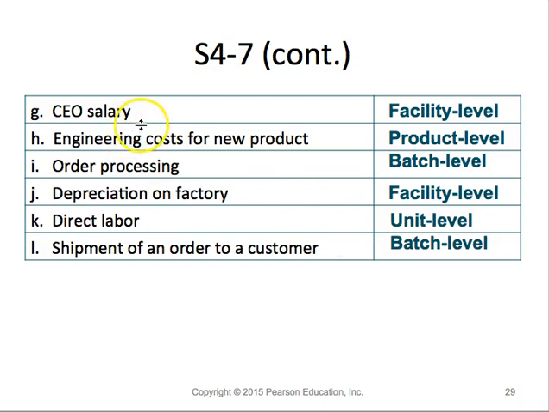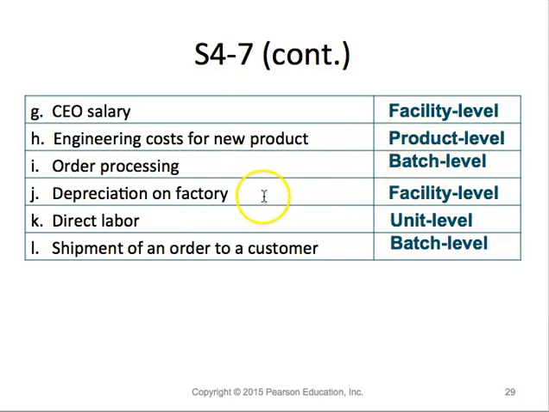And we have CEO salaries at facility level, and engineer costs for new products is product level, because engineers are the ones who are producing the products. And order processing is batch level, and some may ask, okay, why is this not product level, but it's batch level, because in an order you may have multiple different products. So we put this as a batch. It's called batch level.